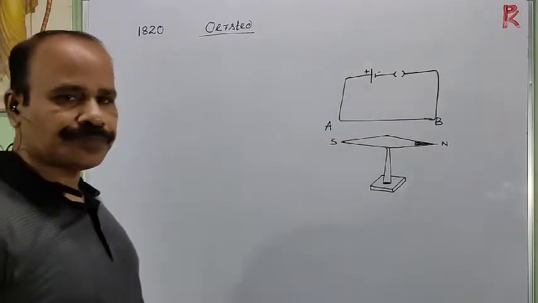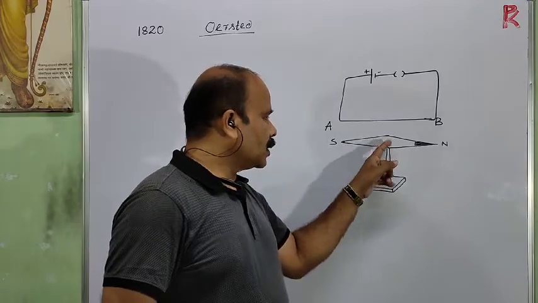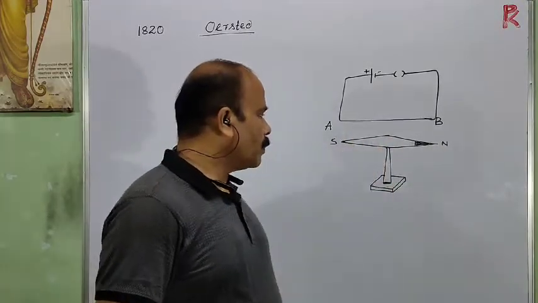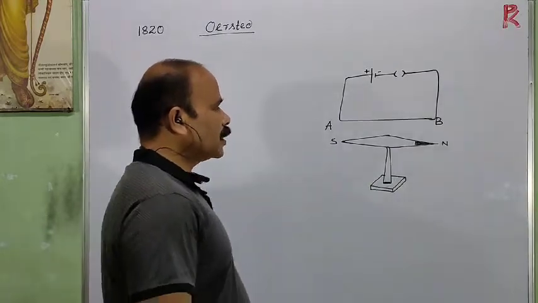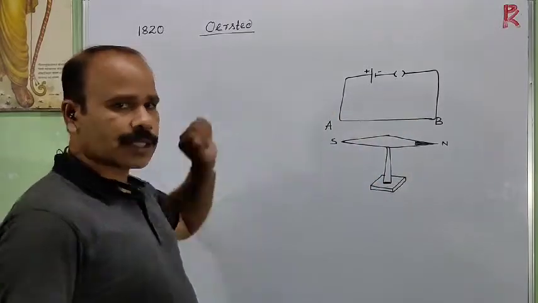Now you can see this is my magnetic needle. This is the south pole and this is the north pole of the magnetic needle. This is the experiment performed by Oersted.